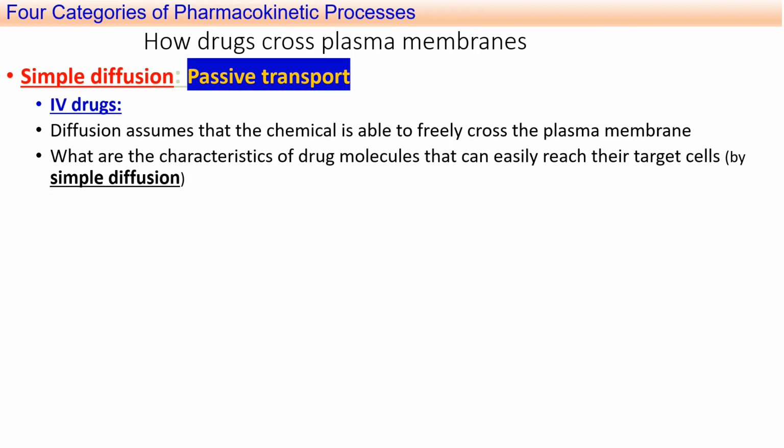Now, what are the characteristics of drug molecules that can easily reach the target cells by simple diffusion? The characteristics of the drug to freely cross the plasma membrane by simple diffusion, the three main ones, are small size, non-ionized, and lipid soluble.